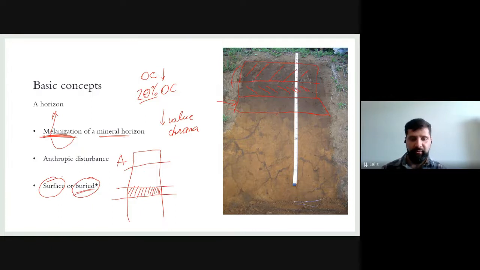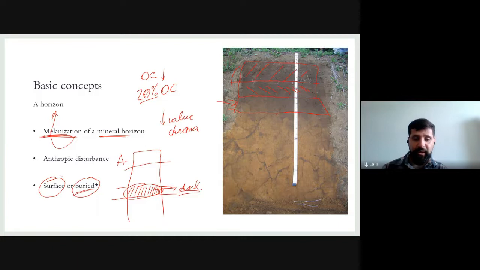And here we have a dark horizon. To understand if this is an A horizon or a B horizon, it's very important to understand if this horizon was formed on the surface or in the subsurface.